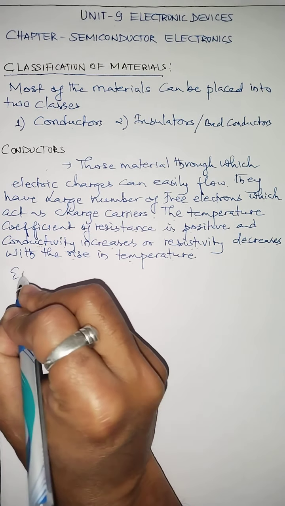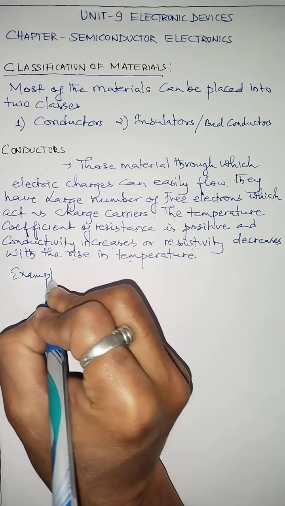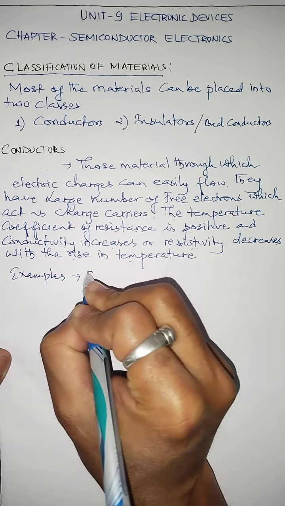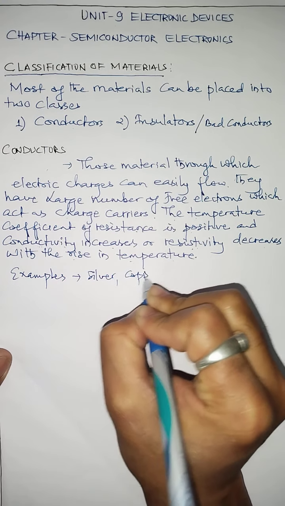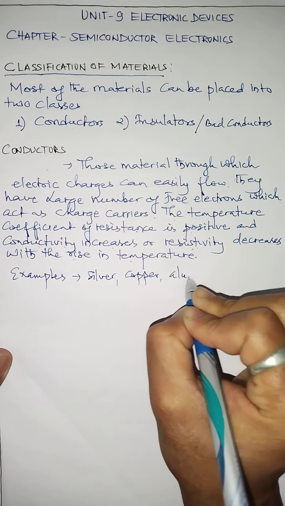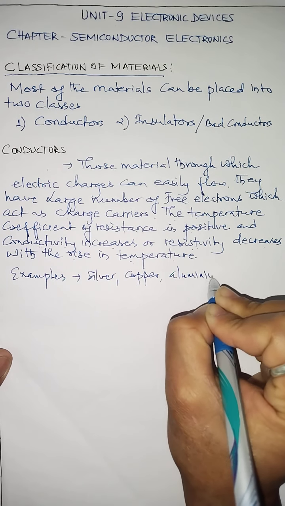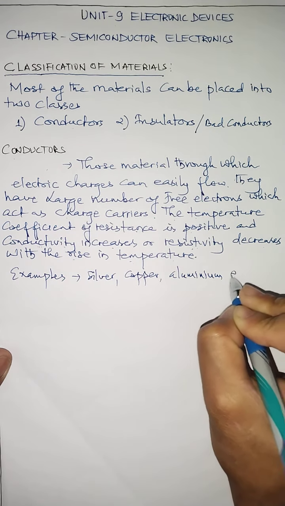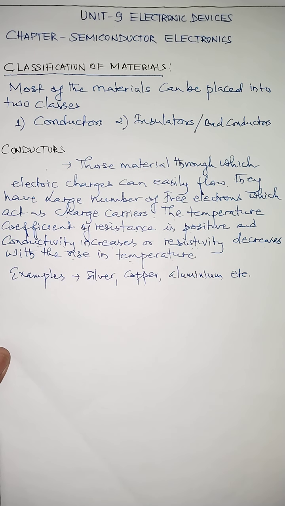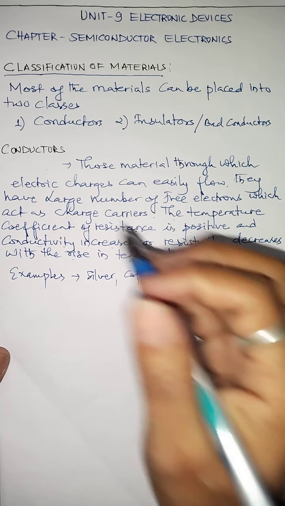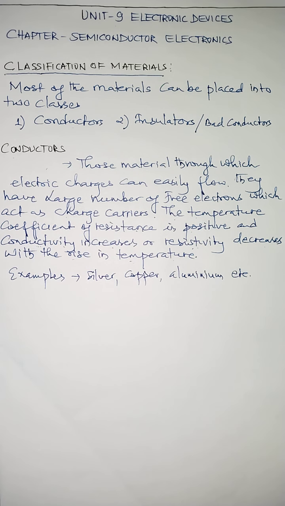There are many examples of conductors, like silver, copper, aluminum, etc. There are so many conductors, and basically metals are usually conductors. So this is the substance which we call a conductor.